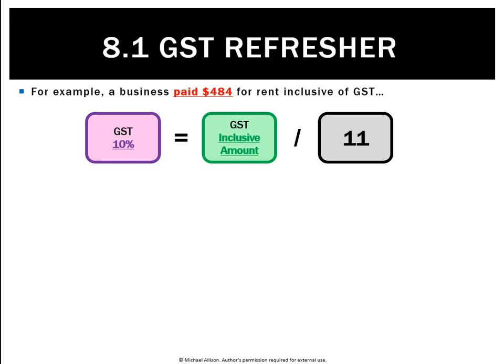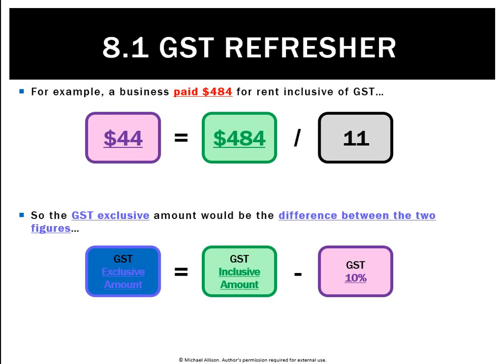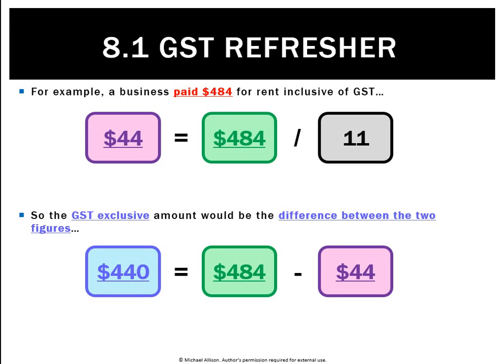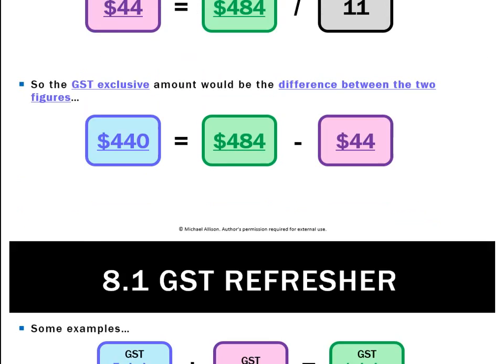For example, a business paid $484 for rent inclusive of GST. So we know the inclusive amount is $484. We can divide that by 11 and that'll give us GST of $44. Putting the equation back together, the inclusive amount was $484. Take away the GST of 44, that'll give us an exclusive amount of $440.